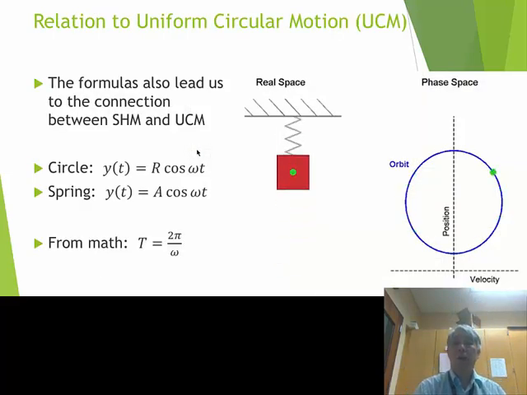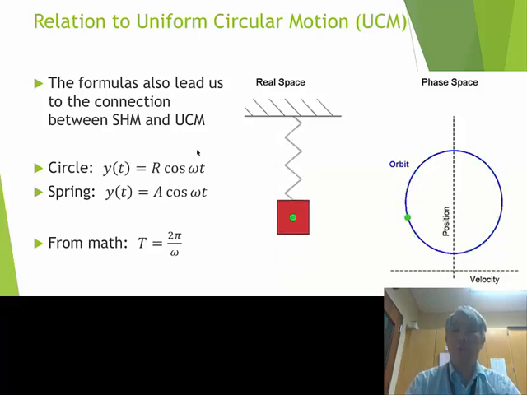That whole aspect of sines and cosines also relates us to uniform circular motion. Here on the right, I have an object. The green dot is basically just moving in a circle at a uniform speed. On the left is a mass going up and down.